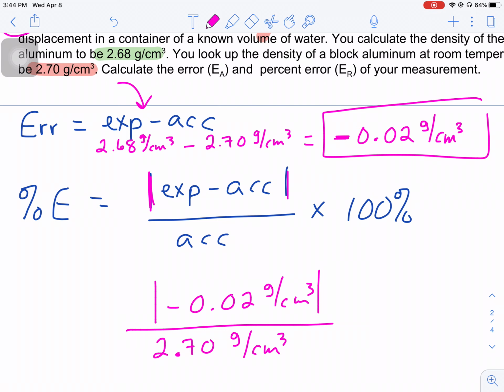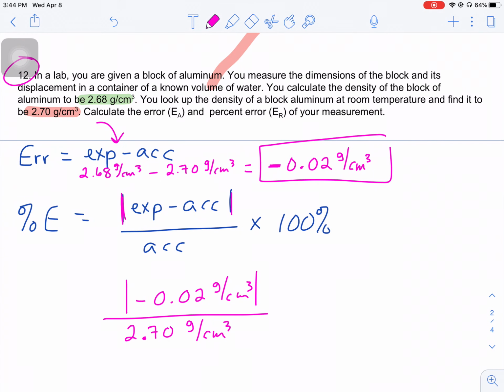Okay. So when I do this, I get my calculator out, I plug it in. I already did it. And my calculator gives me 0.00740 decimal. Okay? Now, guys, a negative divided by a positive is going to be negative, but since we're dealing with absolute values, I'm giving you permission just to drop that negative symbol. Now, what you might have noticed is that I forgot to multiply that by 100%.